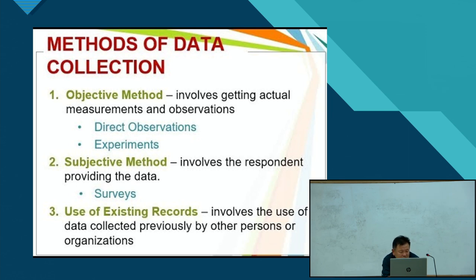The third method of data collection is use of existing records. This involves the use of data collected previously by other persons or organizations. It means formal research, existing records.